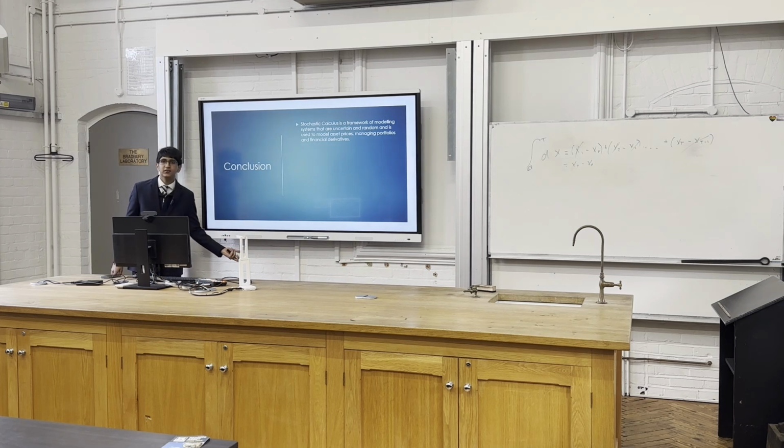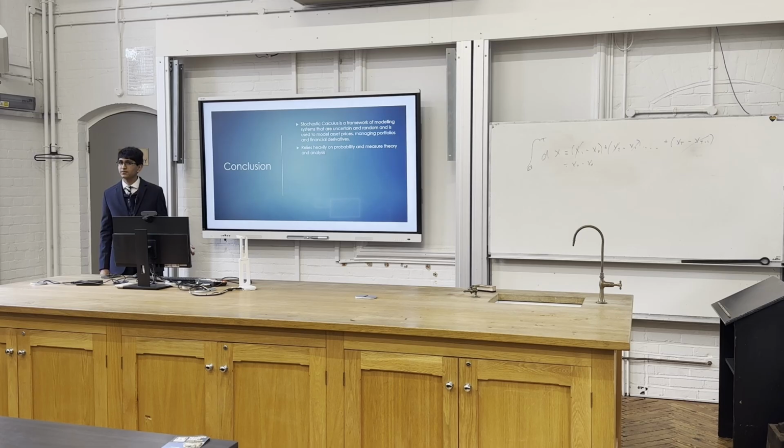So stochastic calculus is a framework for modeling systems that are uncertain and random. For example, managing asset prices, portfolios, and financial derivatives. This relies heavily on probability, measure theory, and analysis from mathematics, which I haven't covered that much in this presentation.